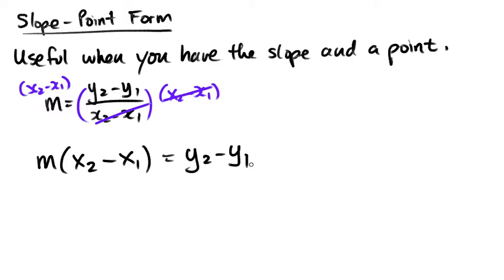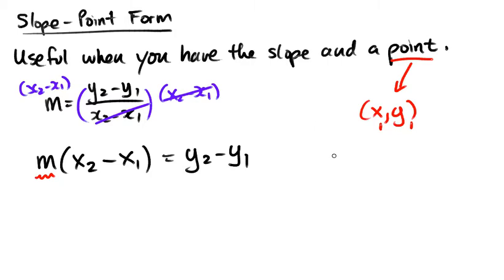Now if you know a slope, then you will know this m value, and if you know a point, you will know an x and a y value, and I'll call them x1 and y1. You'll know one of the points that it goes through. But I don't know some other points that it goes through.